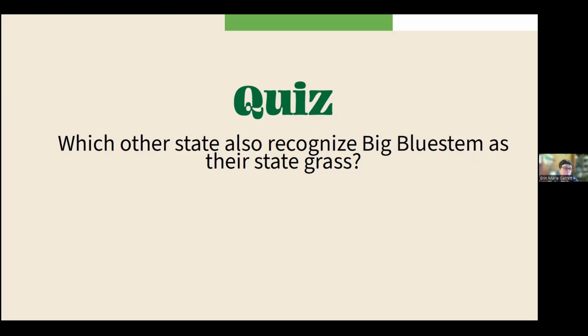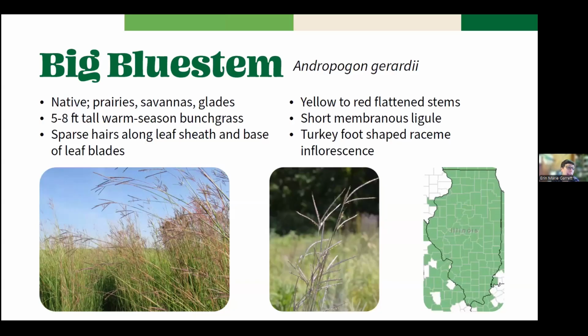Okay, to my knowledge, Missouri is the only other state that recognizes big bluestem as their state grass. So not every state has a state grass, but those that do and that chose big bluestem are Illinois and Missouri. So that's where we're going to kick things off today, looking at Andropogon gerardii, our big bluestem.